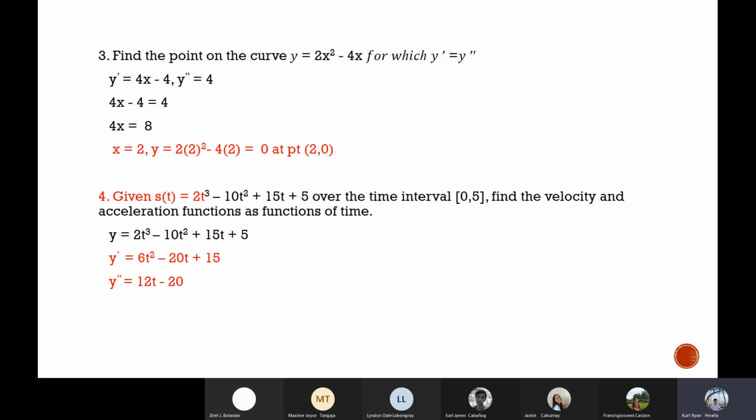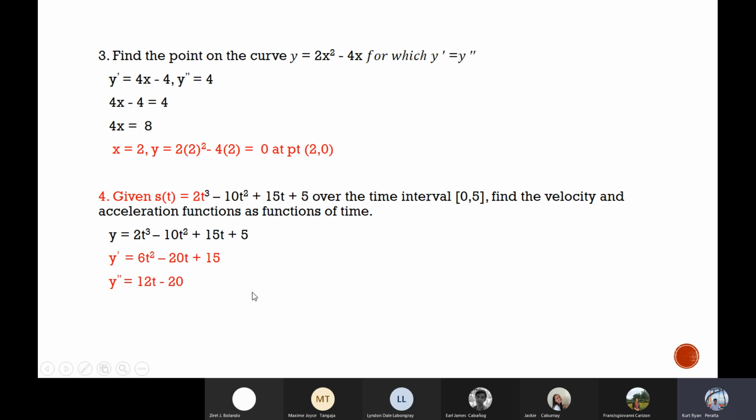This is an application of higher order derivatives in real life, like in cars, getting the velocity. So the function is 2t cubed minus 10t squared plus 15t plus 5. We just have to differentiate: 3 times 2 is 6t squared minus 20t plus 15.